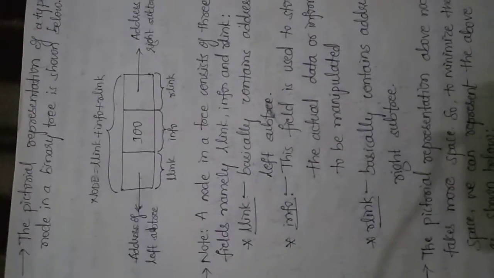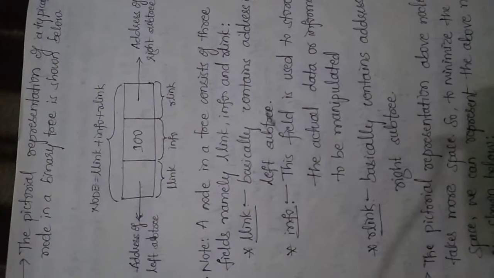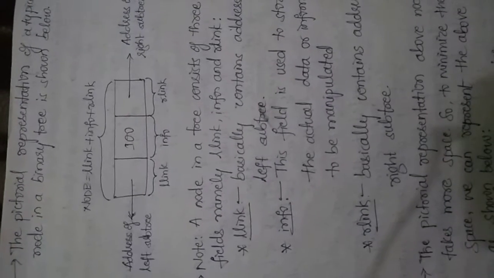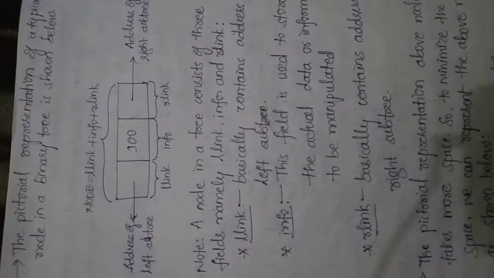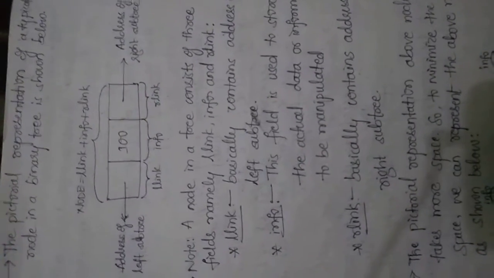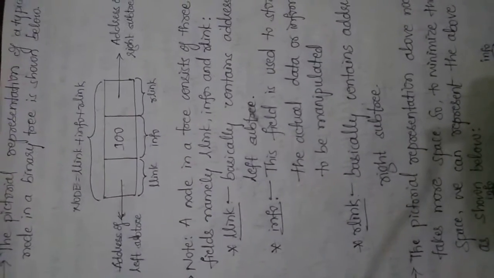Next we have the left subtree, which is a tree connected to the left of the root. Since it comes under the root, it is called the left subtree. The right subtree is a tree connected to the right of the root. Since this also comes under the root, it is called the right subtree.